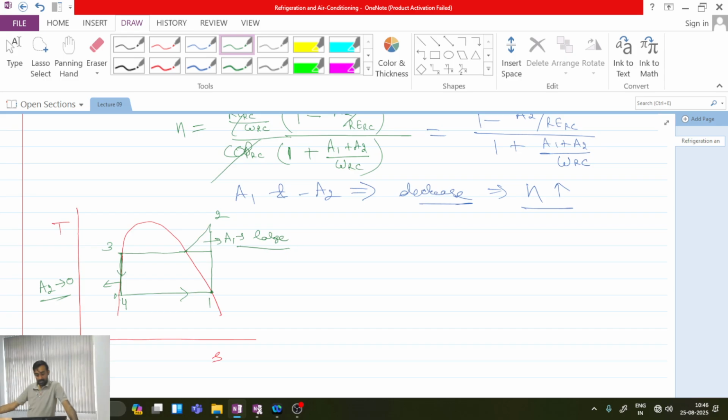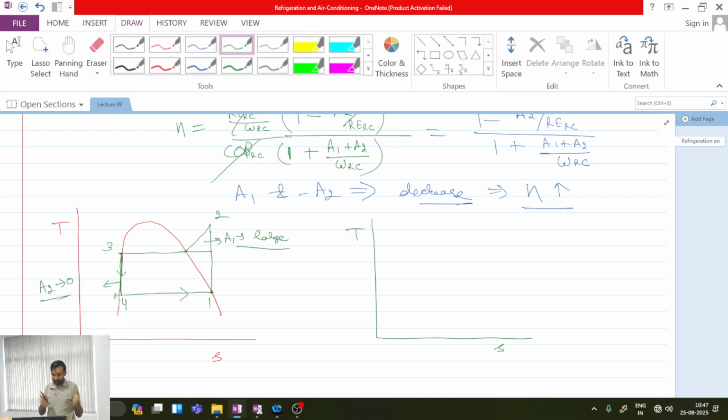Another, second category of substance could be, see, whenever we talk about working fluid, in refrigeration we talk about ammonia as a refrigerant. We talk about R134A. We talk about CFCs. So there are a large number of fluids available.